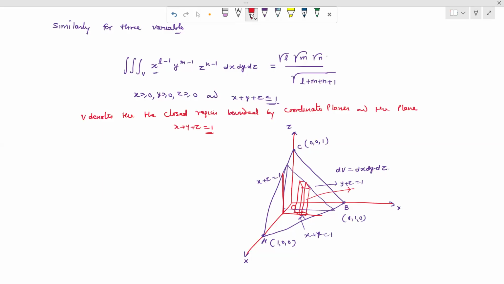We can write this as z equal to 1 minus x minus y. So this is for three dimensional. We have to remember this is the Dirichlet formula for three variables.